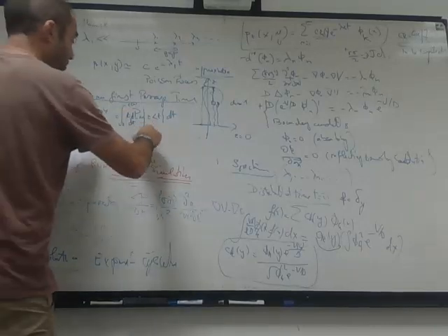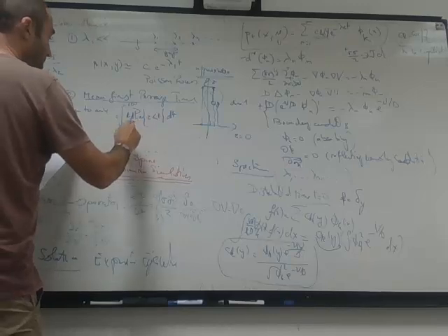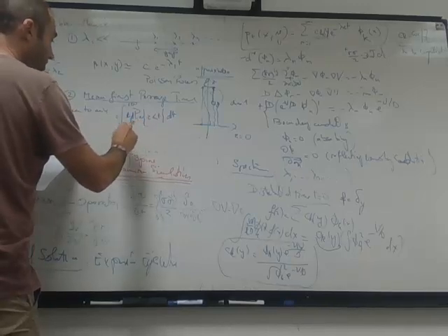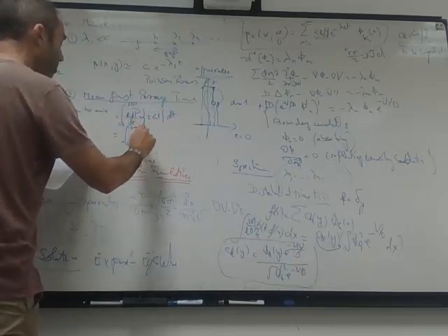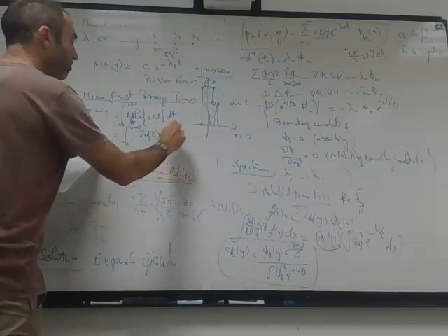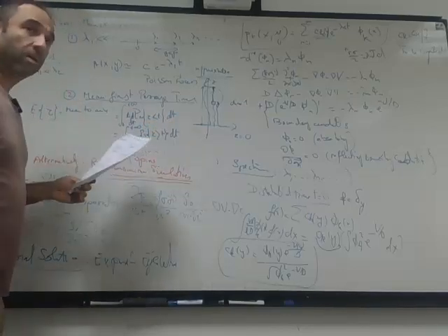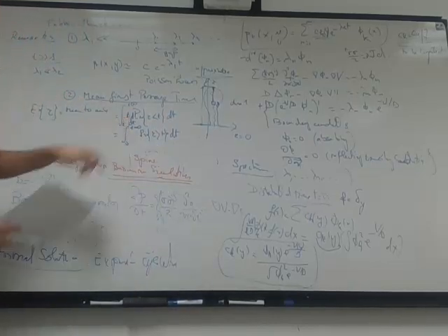The probability density is the derivative of this cumulative. And so if you integrate by parts, you'll do it as an exercise, it's not hard.